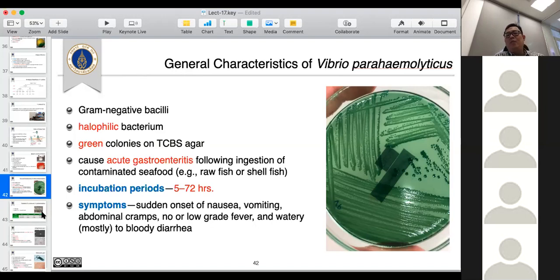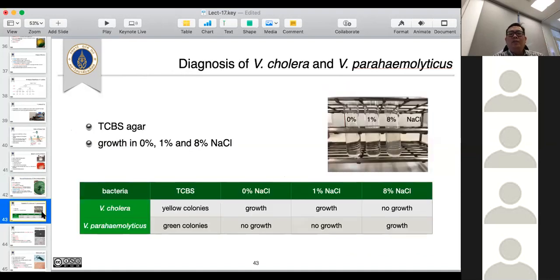To differentiate between cholerae and parahaemolyticus, well, first thing is TCBS. TCBS shows up yellow or green, okay? Another one is the salt tolerance test. We probably culture unknown bacteria or Vibrio in 0% sodium chloride, 1% or 8%.